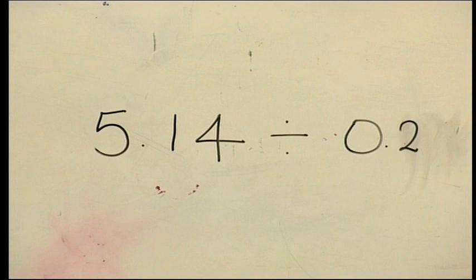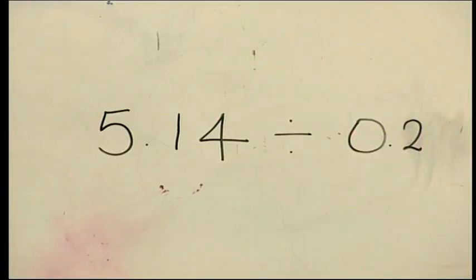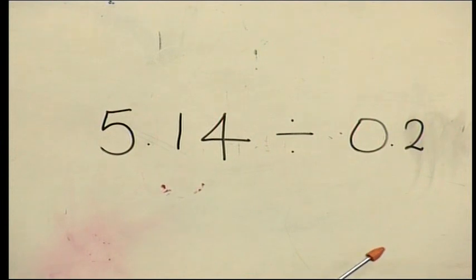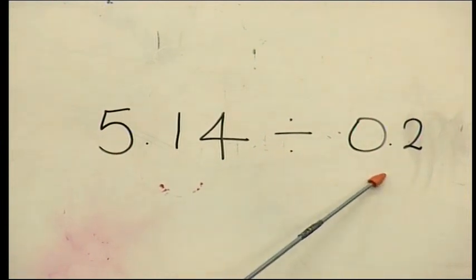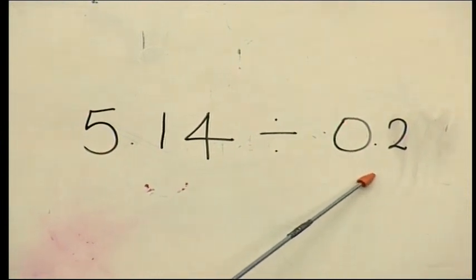Class, receiving students? Okay, let's have Kalen. We multiply them by 100. Okay, thank you, Kalen. Kalen is saying you're going to multiply the decimal numbers by 100.